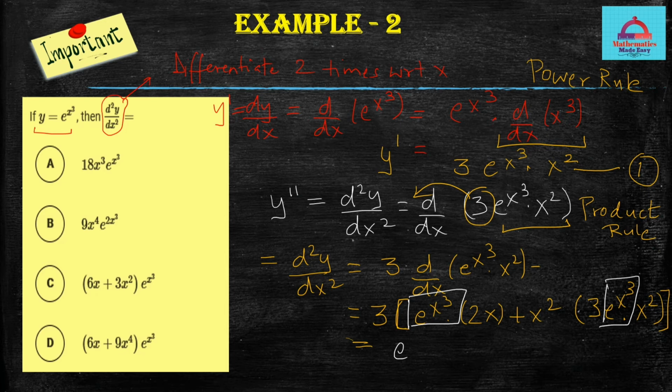So we are going to take that term outside, and inside I'm going to multiply both the terms inside the bracket with this 3, or I'm going to distribute this 3. So 3 times 2x is 6x, and then you have x square with x square, so that gives you x to the power 4, and you already have a 3 here, another 3 gets multiplied, so 9.